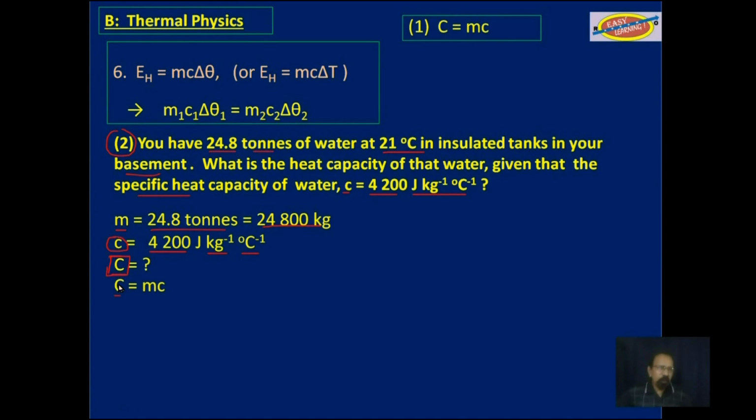So we know C, heat capacity, is equal to mass times specific heat capacity. Substitute the numbers we are given here, and we get this answer, and that would be joules per degree Celsius.